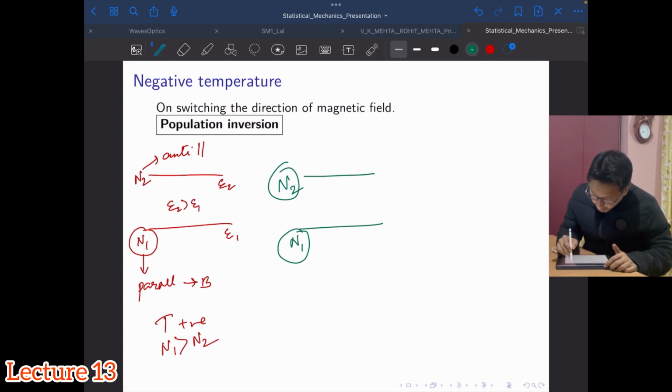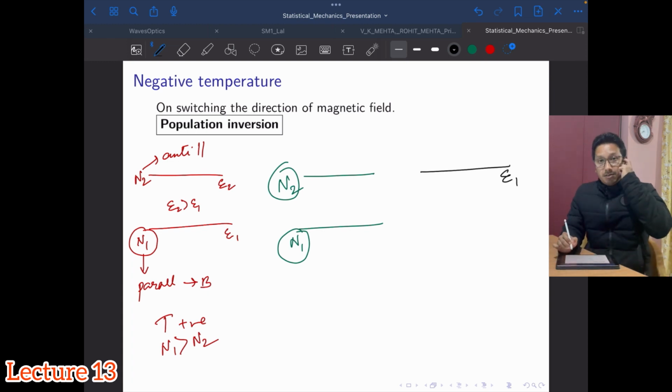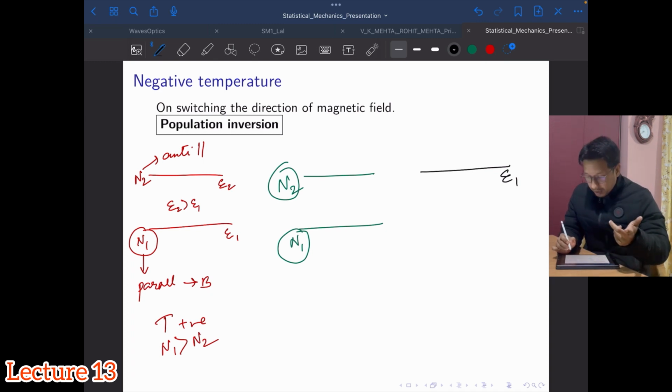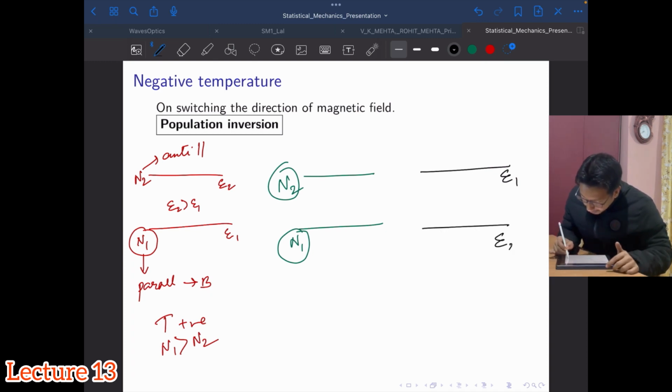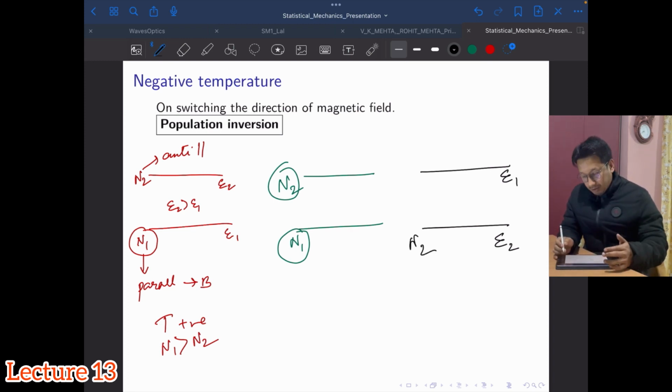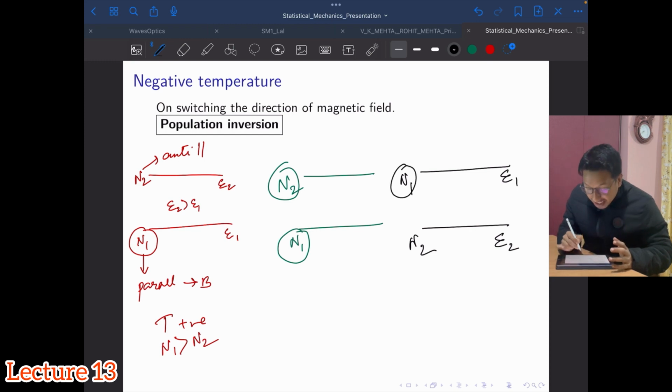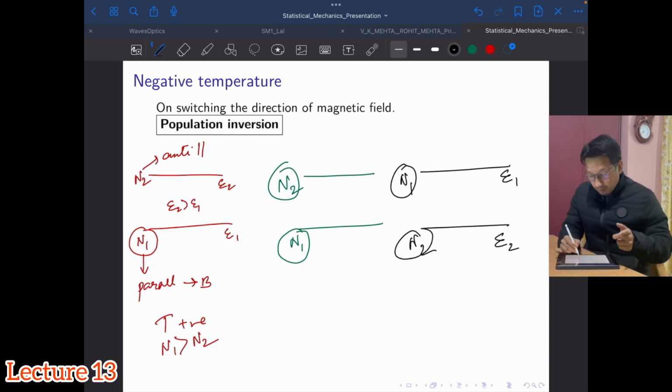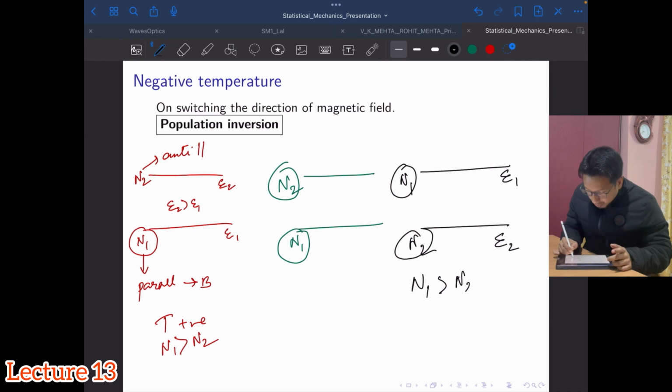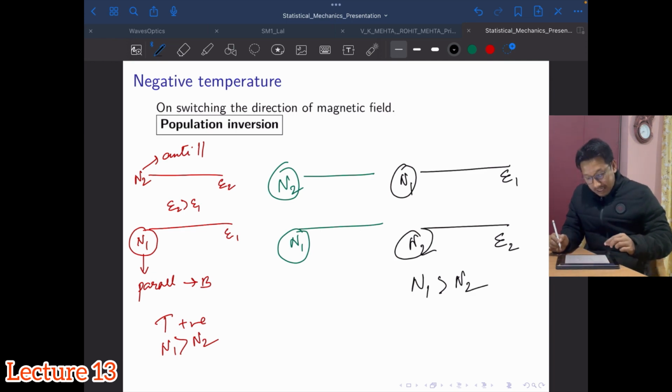What I'm trying to say is that this E1 state is now the high energy state when I switch the magnetic field, and the E2 state, which now has N2 atoms, is the low energy state. But still N1 is greater than N2, because I have only switched the magnetic field, nothing else has happened.